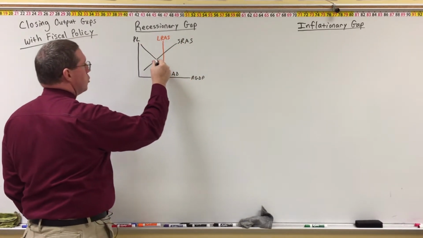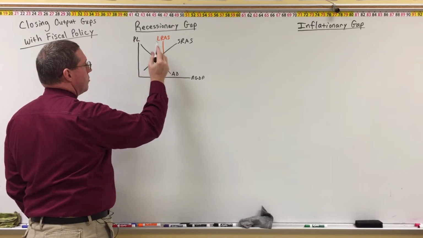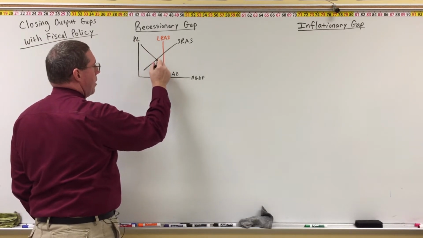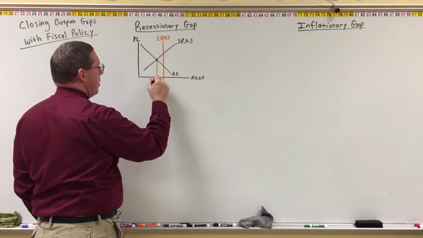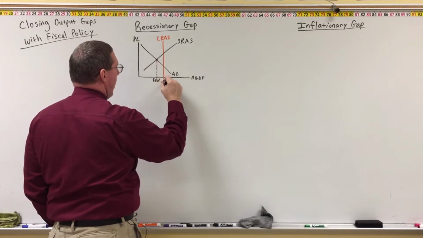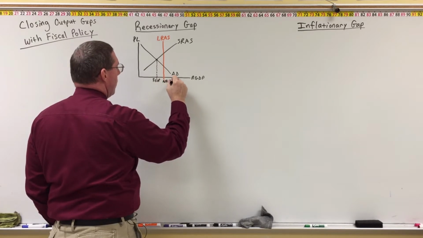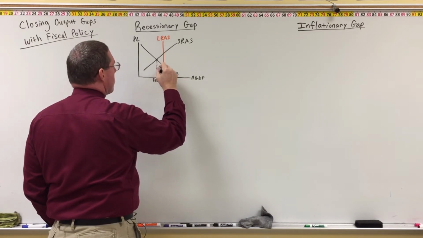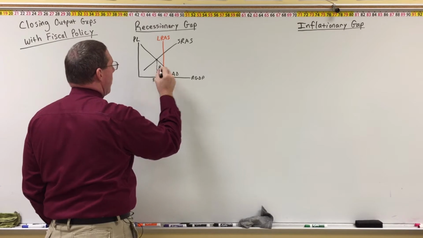And as you can see here, short-run equilibrium is over here to the left of long-run aggregate supply. So we'll come down here, and that's real GDP, which is smaller than, to the left of, natural real GDP, right? And so we are in a recessionary gap, okay?